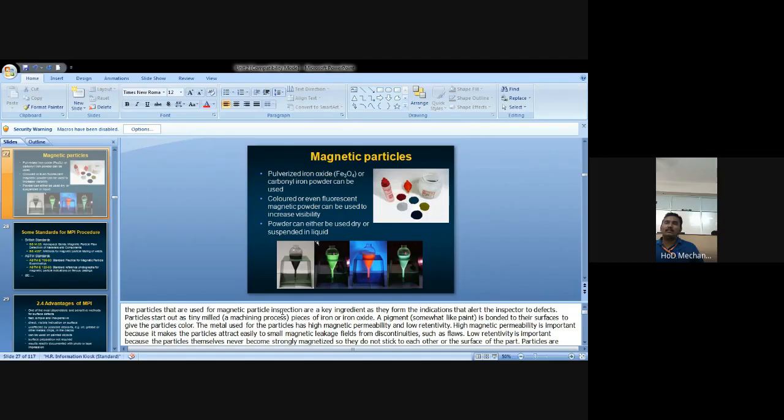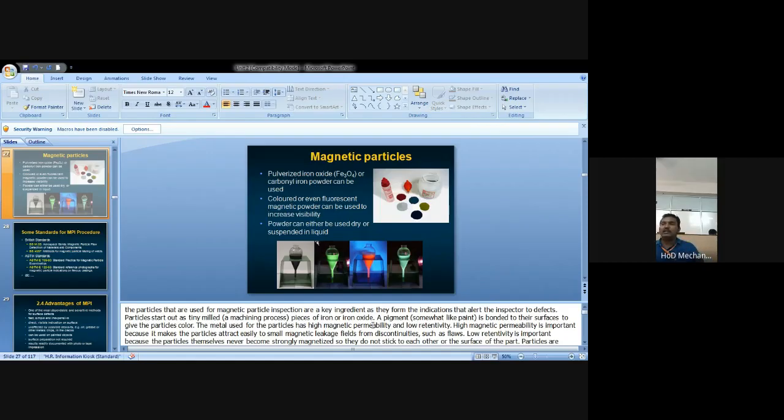The particles that are used for magnetic particle inspection are a key ingredient, as they form indications that alert the inspector to a defect. The particle metals are chosen to have high magnetic permeability and low retentivity.